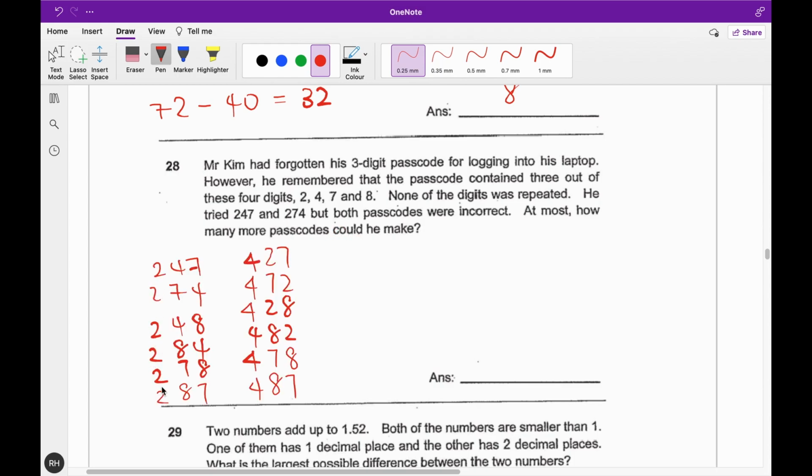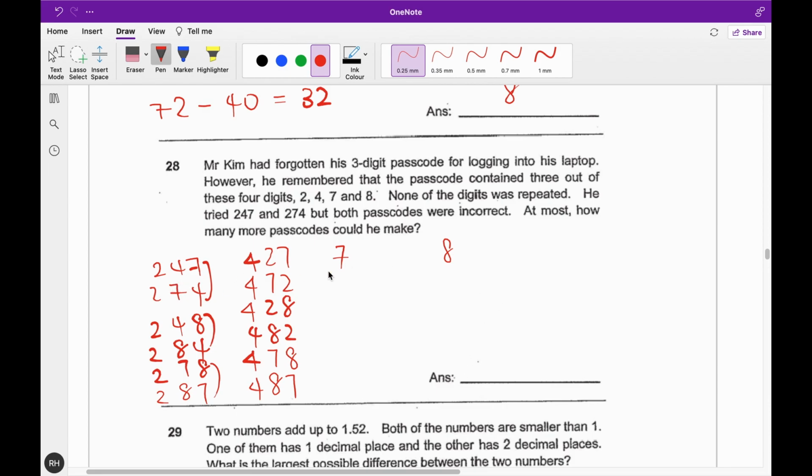When the first digit is the same, and then we have 3 other numbers, we can have a mixture of 1 pair, 2 pair, 3 pair. So we will have 6 options to try for each digit in front. So if we start with 2, then 4, then 7, then 8, it will always be 6 options, 6 options, 6 options, 6 options.